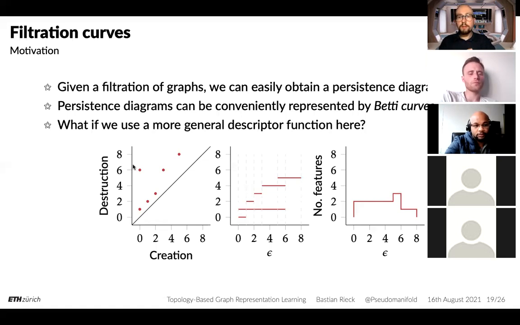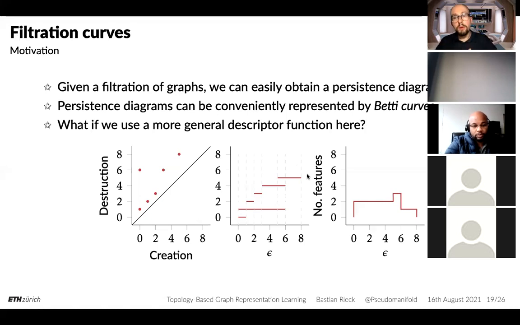Now, these descriptors can also be conveniently represented by a curve representation known as a Betti curve. This Betti curve is essentially obtained by taking the diagram, doing a simple transformation on it, which turns every point into a line, and then just checking the vertical intersections of these lines with another vertical line.